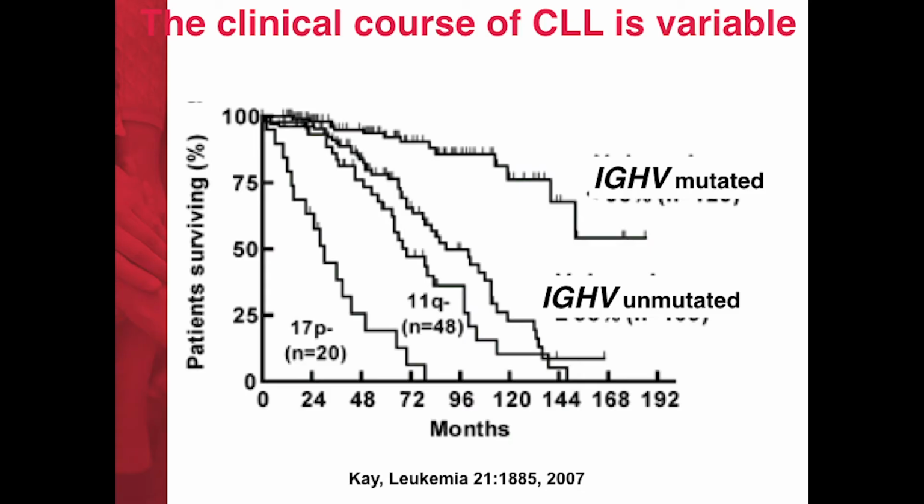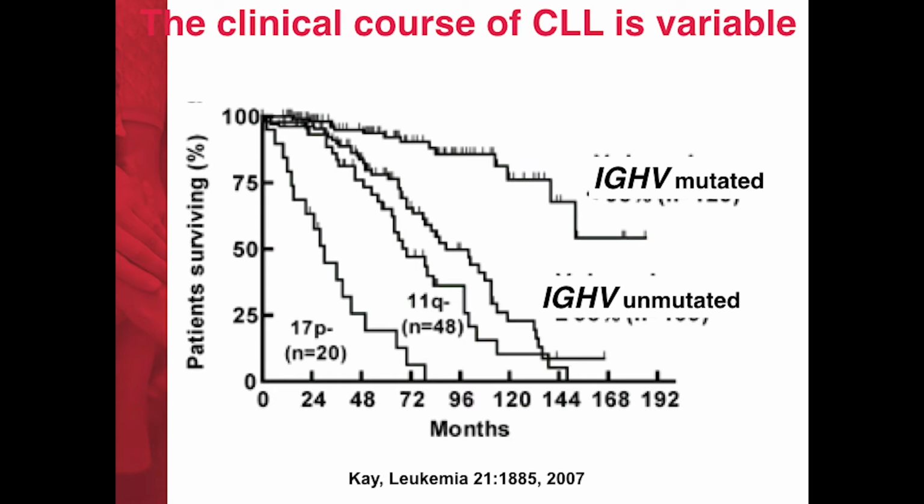An example of this is a slide from 2007. So this is well before we had all of the new drugs that will be talked about in the next section, which have changed this slide dramatically. What was done here is they took all CLL patients at the time of diagnosis and then followed them over time to see how long they lived, correlating that with different genetic mutations.